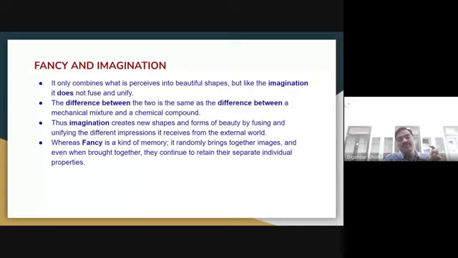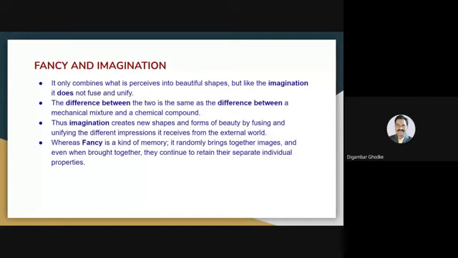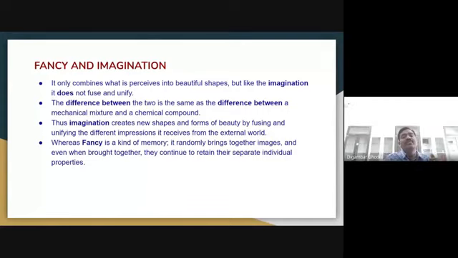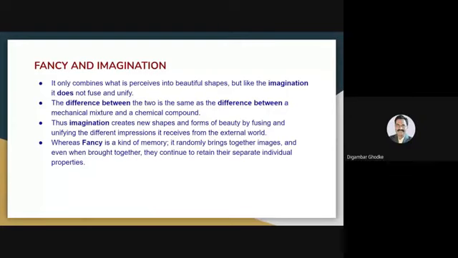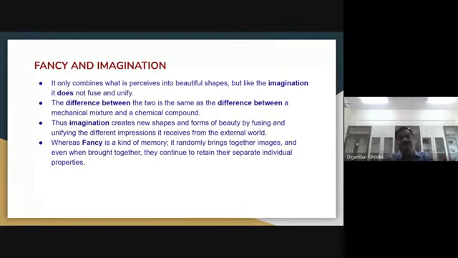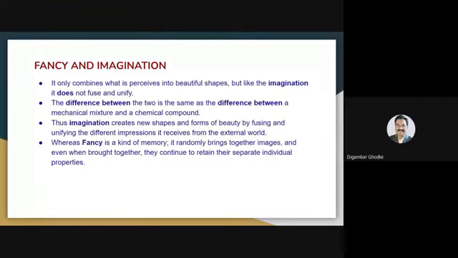So fancy is a kind of memory. It randomly brings together images, and even when brought together, they continue to retain their separate individual properties. Just now, I gave you the example of the blended mixture. When you grind something, blend something in your mixer, that is not a chemical compound, because some of the ingredients retain their separate individual properties.